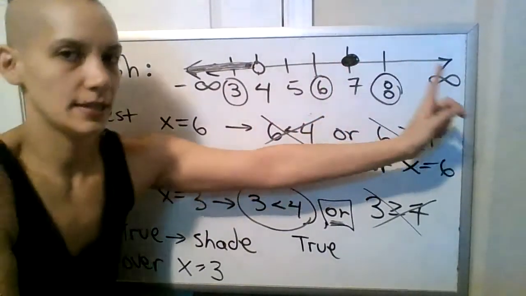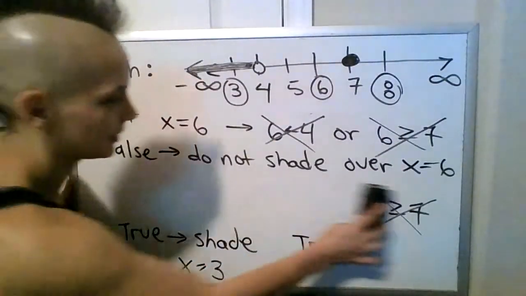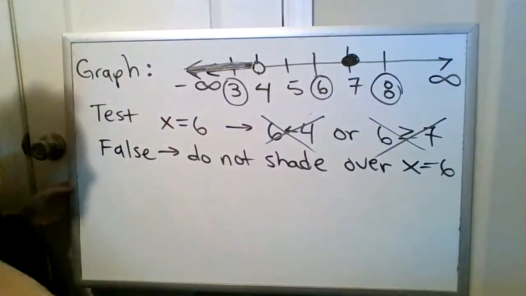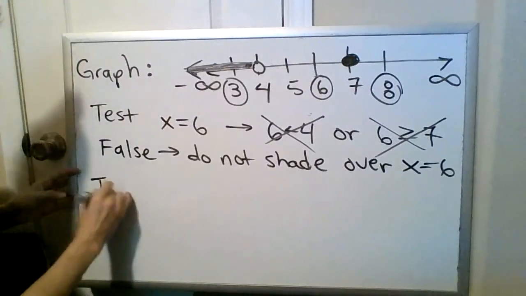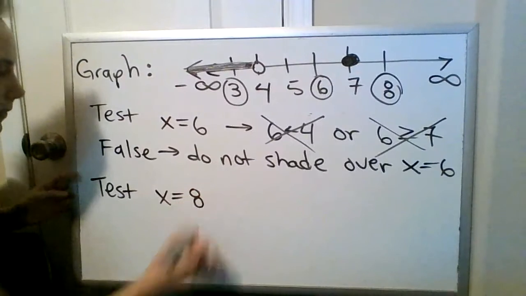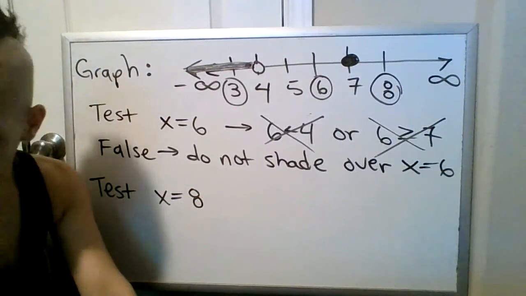We need to check this side here. Testing x equals 8. Cool. So it goes into both pieces.